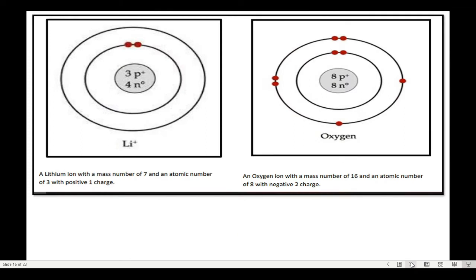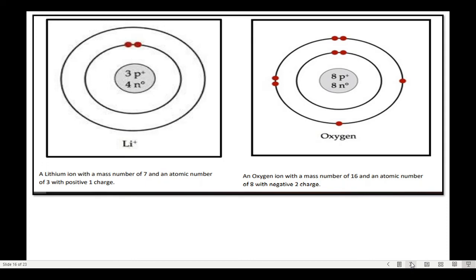Now, we have a lithium. So, may nakalagay na positive. So, therefore, isa siyang ion. A lithium ion with a mass of 7 and atomic number of 3. So, 3 Li lithium. Meron daw siyang positive 1 na charge. Paano nangyari yon? So, 3 proton, kasi ang proton ay siya ding atomic number.